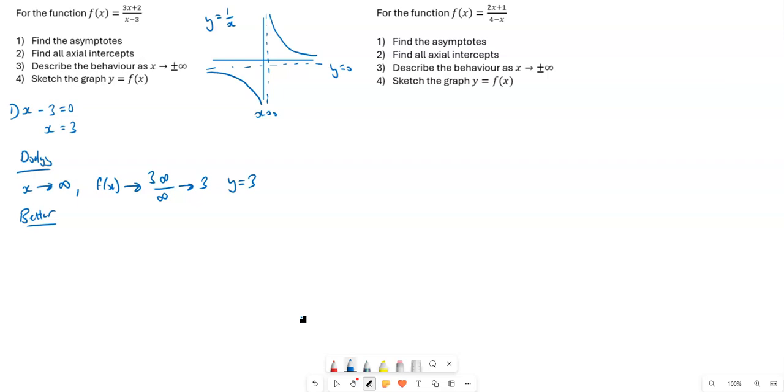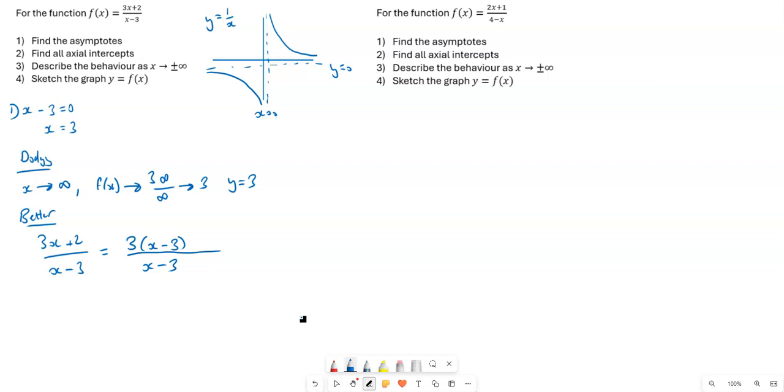We're just going to do a little bit of a hack. We're going to say that 3x plus 2 over x minus 3, we're going to express the top as a multiple of the bottom. So I'm going to start with this. I know at the moment this isn't correct, but we're going to do test and adjust. We're going to try something and then adjust it to make it right.